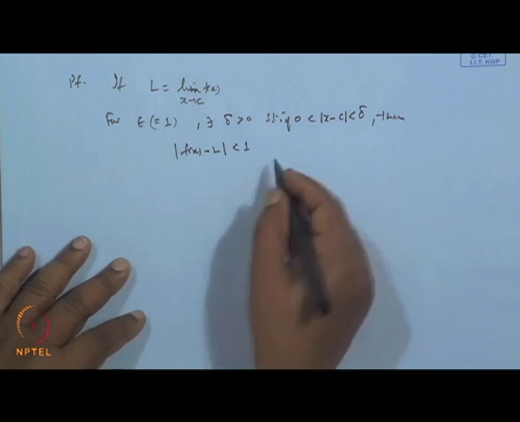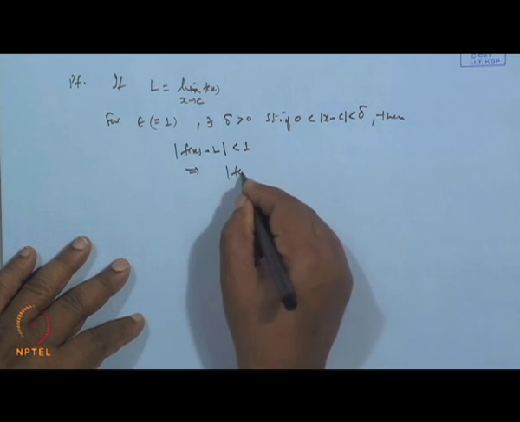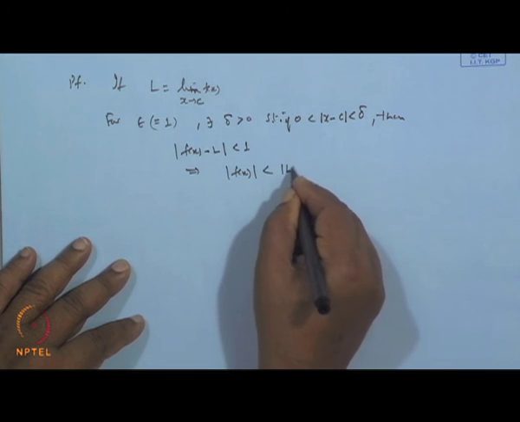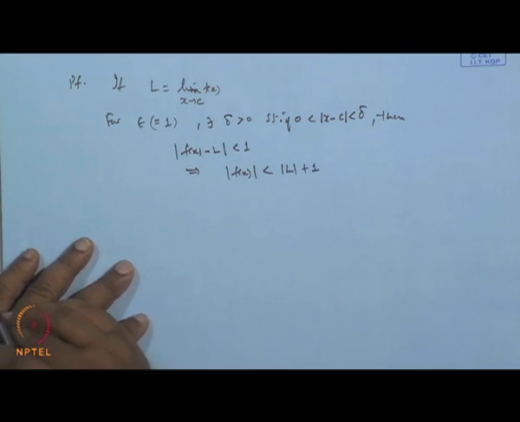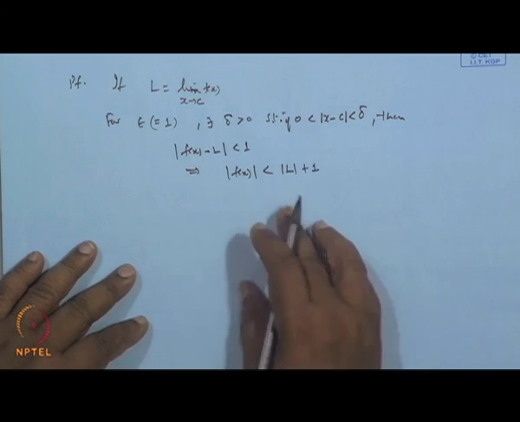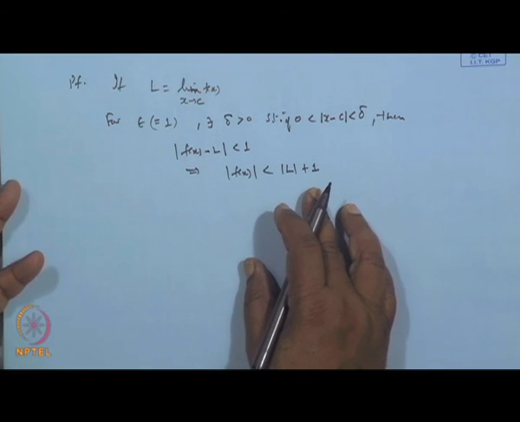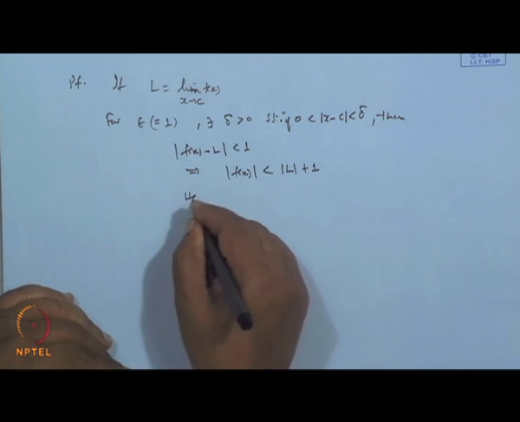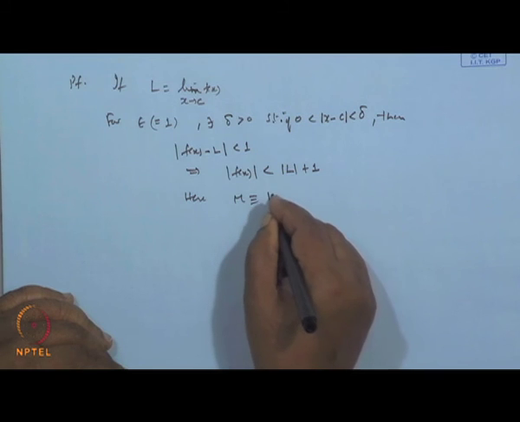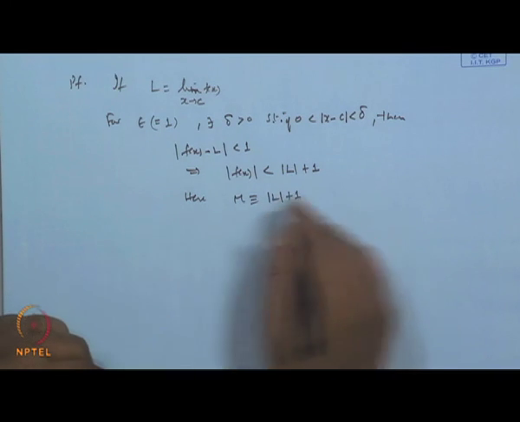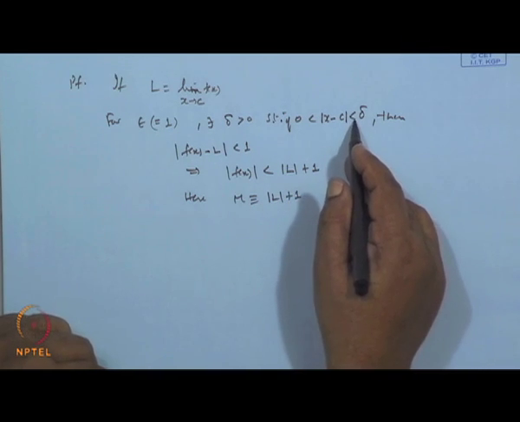Now, from here can you not say that mod of f x is less than mod L plus 1? Okay. So, I choose M to be mod L plus 1, then it holds for all x in the neighborhood.